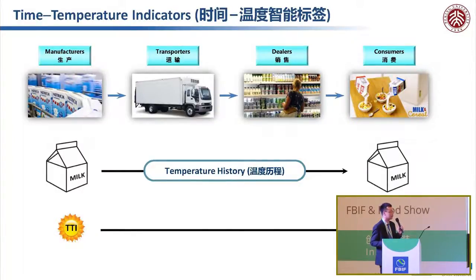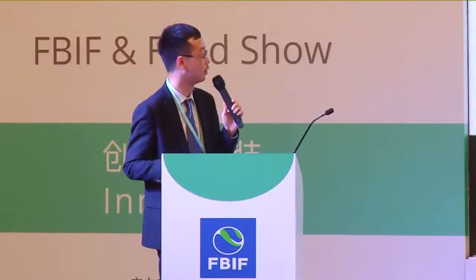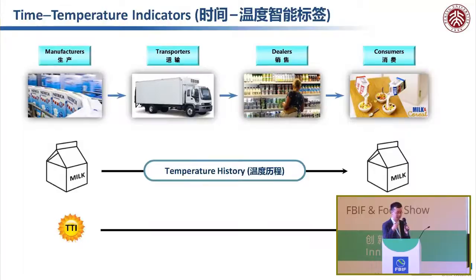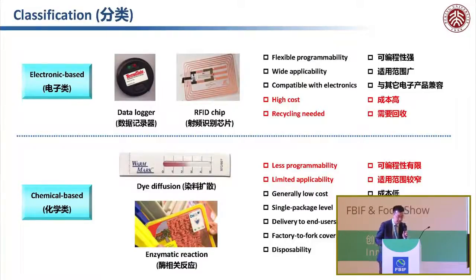The TTI is supposed to be attached to the packaging of the product at the very beginning, by which I mean from the manufacturer, and it goes along the delivery chain with the product and documents and undergoes the same temperature history. So you can see the key function of the TTI is to track the product during the delivery chain, to document the temperature history, to simulate the spoilage therein, and to display the real-time quality of the product.